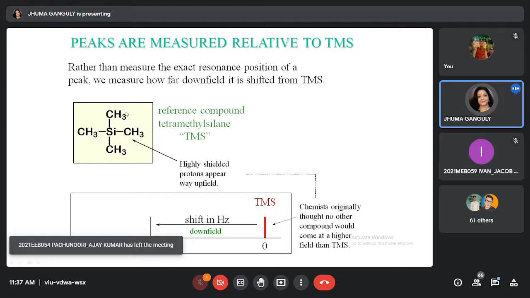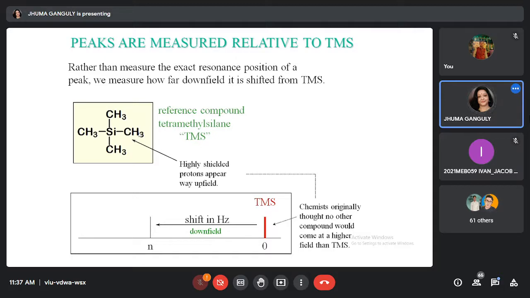Each proton has no withdrawing or donating effect acting on it. They have their electrons with them, so they are shielded. Can you get the point? They are shielded with their own electron cloud.